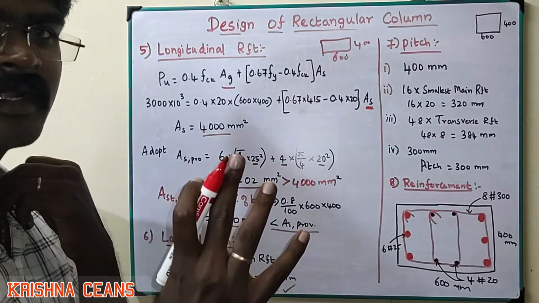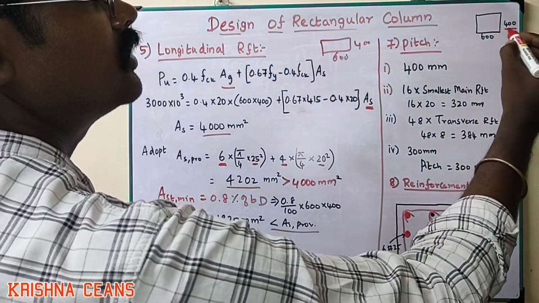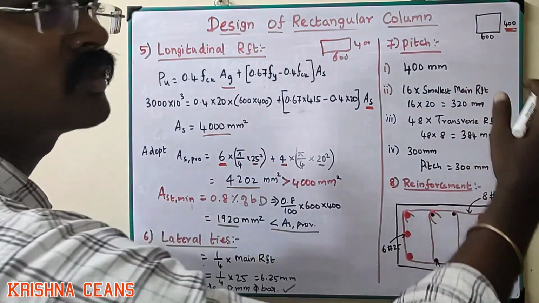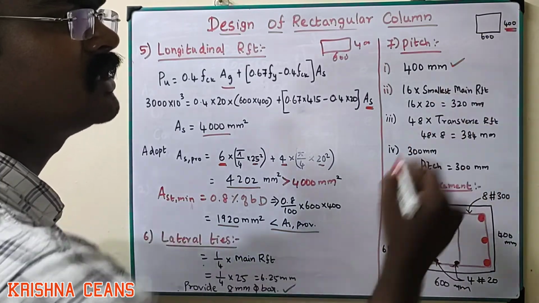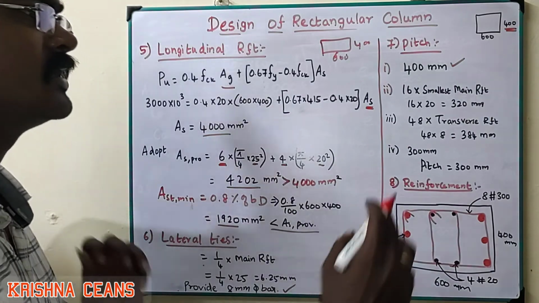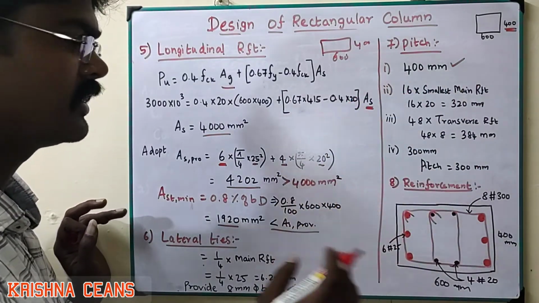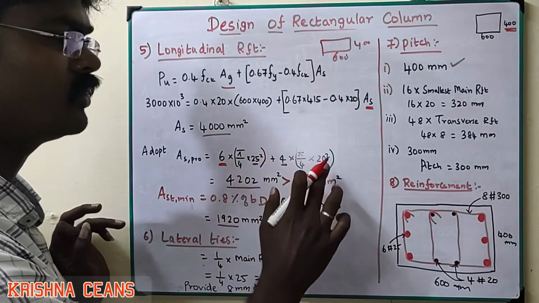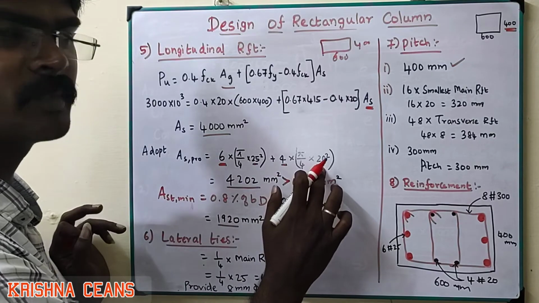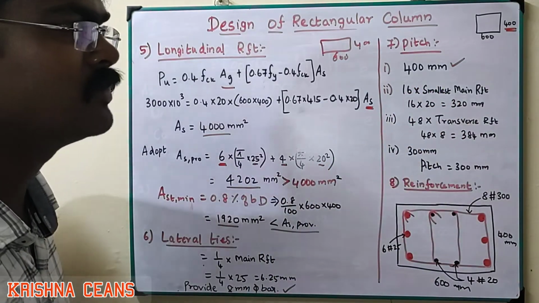We have four conditions. The first condition is the least lateral dimension. For the column section 600 into 400, 400 mm is the least lateral dimension. The second condition is 16 times the smallest main reinforcement. Here we are using two different bars, 25 and 20, and the smallest is 20. So 16 into 20 is 320 mm.